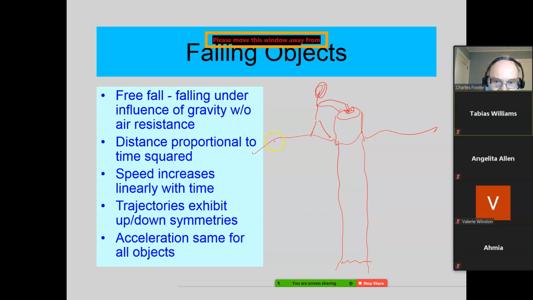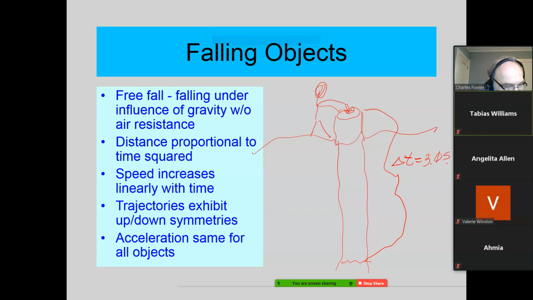Now, we know the time interval from the time you drop the rock until it hits the water is delta T, which is 3.0 seconds. Boy, exact to the nearest tenth of a second. Ignoring air resistance, how far is it to the water?